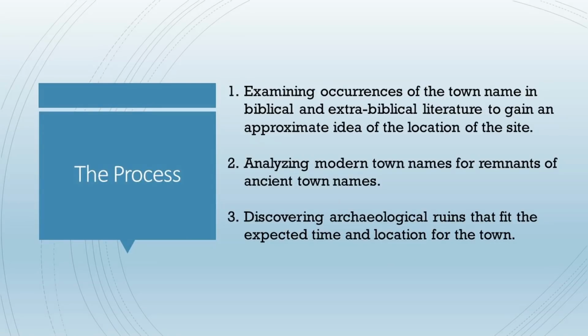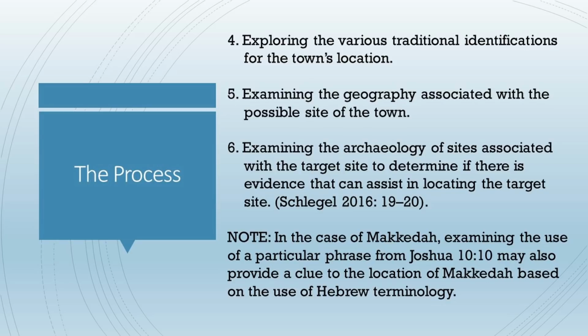The first one is examining occurrences of the town name in biblical and extra-biblical literature to gain an approximate idea of the location of the site, analyzing the modern town names for remnants of ancient town names, discovering archaeological ruins that fit the expected time and location of the town, exploring the various traditional identifications for the town's location, and examining the geography associated with the possible site of the town. And then 6, examining the archaeology of other sites to see if there's evidence mentioning or relative to the target site. So you might find something in one city that's talking about another city.